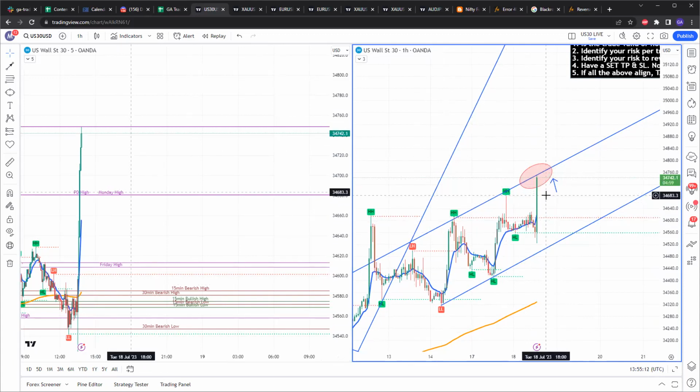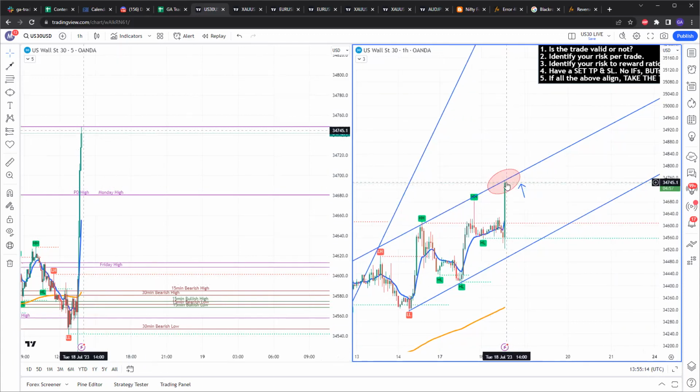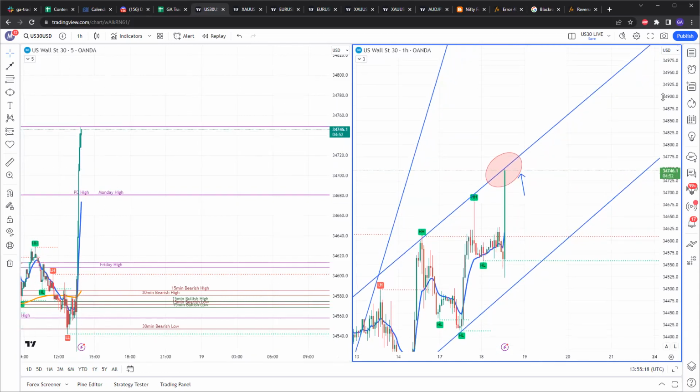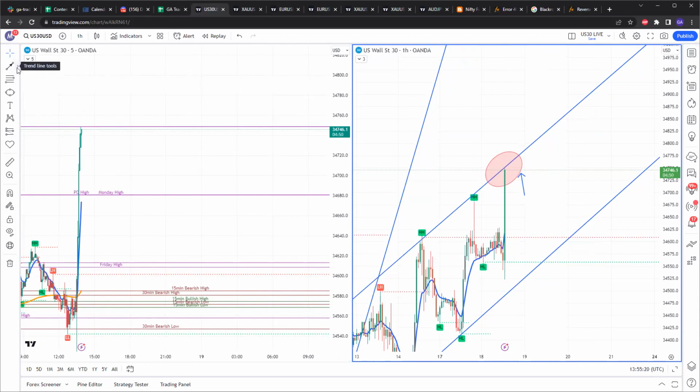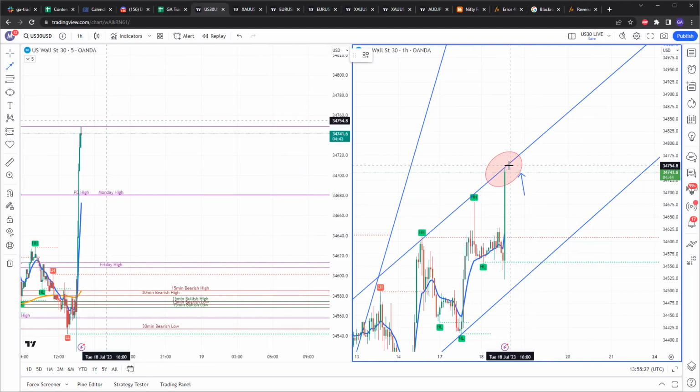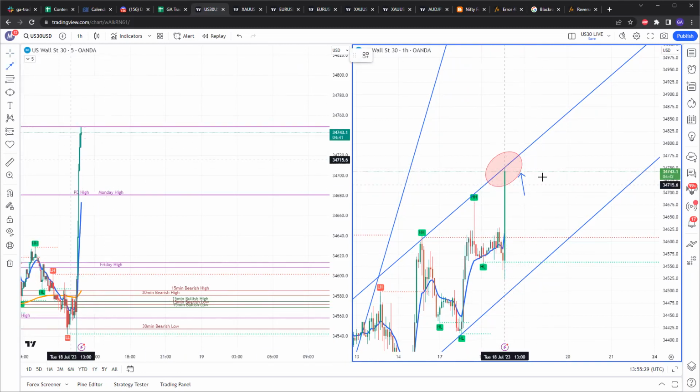The reason for that is, right here, you might get a buy on the 5 minute time frame where US 30 currently is. But this hourly candle, depending on how big your TP and stop loss is. Remember, my TP and stop loss for US 30 is 200 pips. So you might get a buy on the 5 minute.